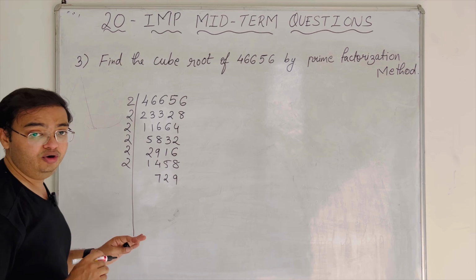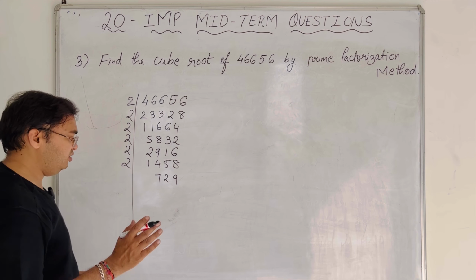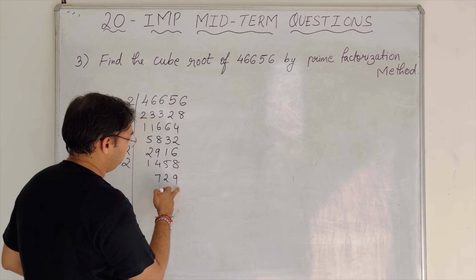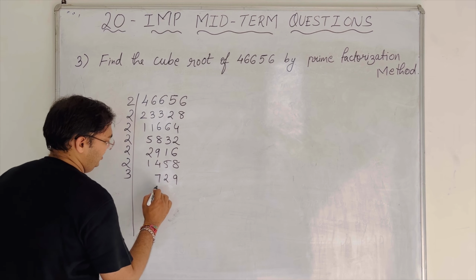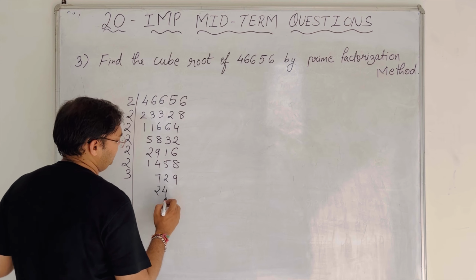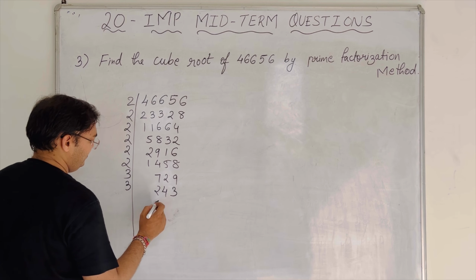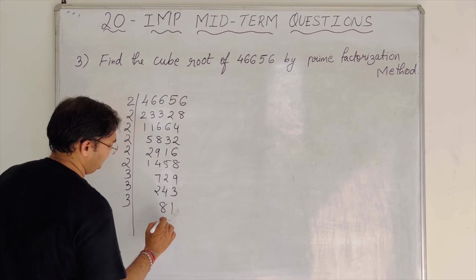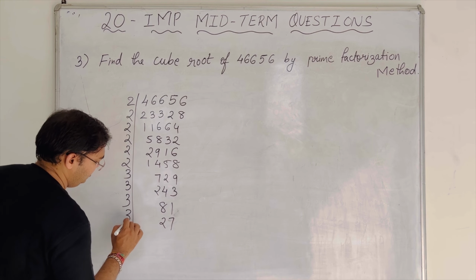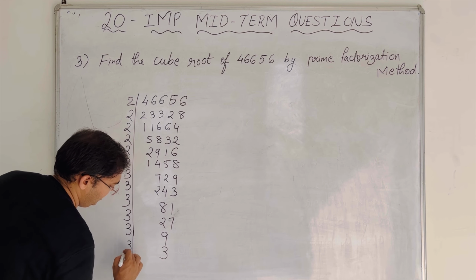Now we cannot go with 2 because at the end we have 9. So we take the sum of all the digits, that is 18. This is divisible by 3, so we divide by 3: 243, 81, 27, 9, 3, and 1.